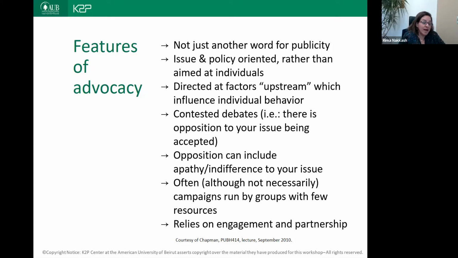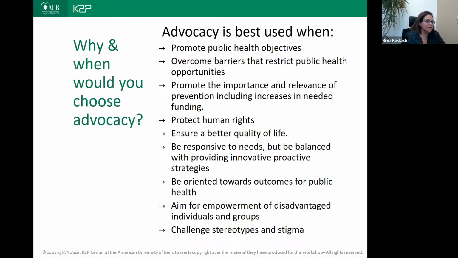A very important aspect of it is that it relies on engagement and partnership, that different partners bring different skills, credibilities, and accountabilities to the process. Why and when would you choose advocacy?